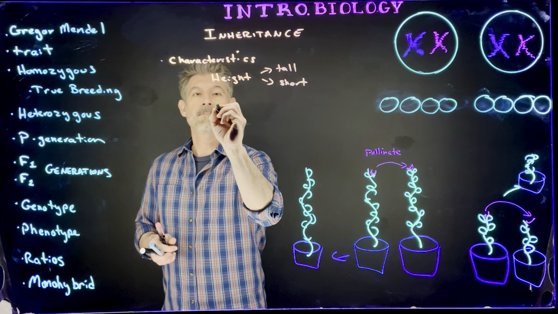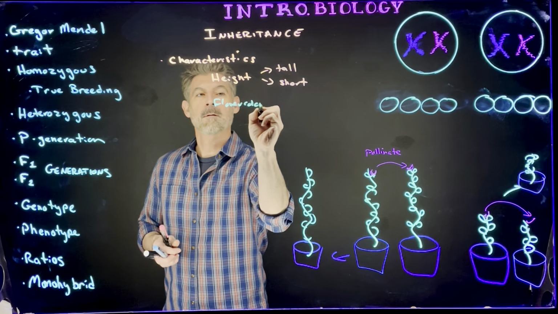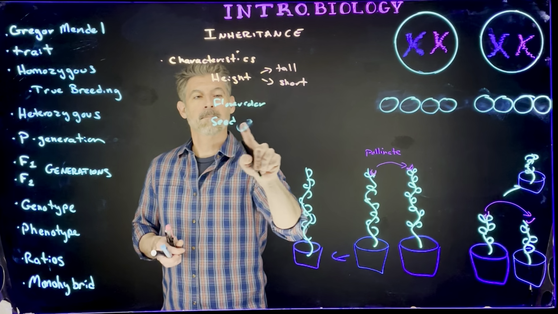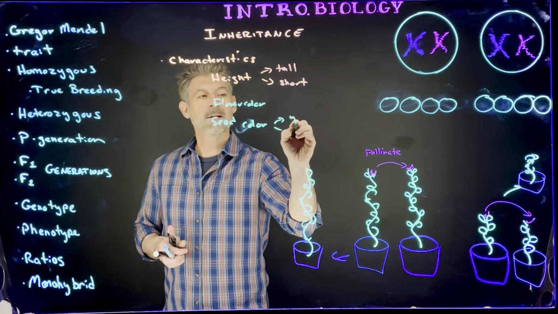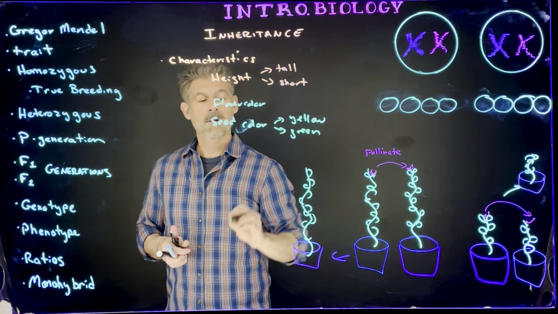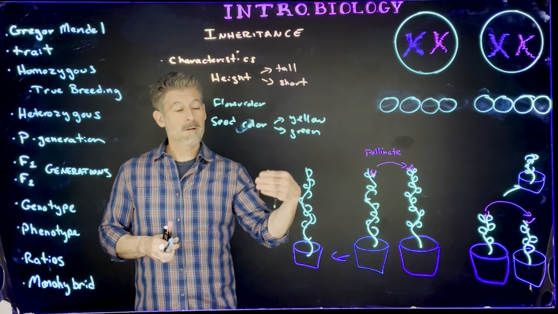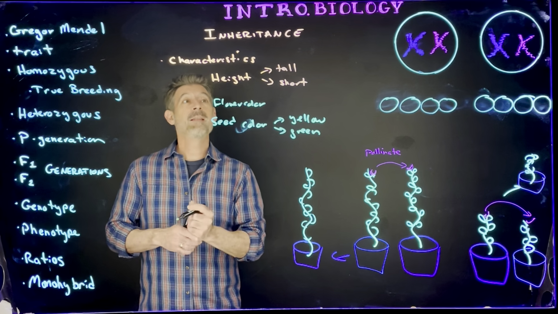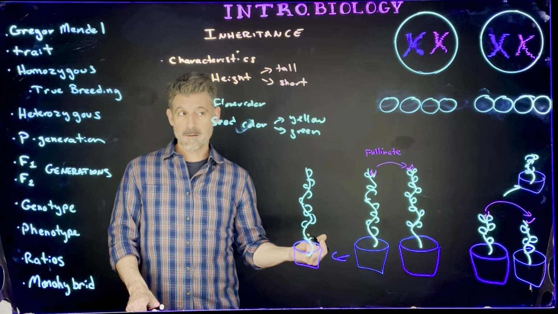So flower color, seed color. For most of these, he had two possibilities, like yellow, green, red, white, tall, short. So he identified a variety of different characteristics, and found that for each of them there were two possibilities.